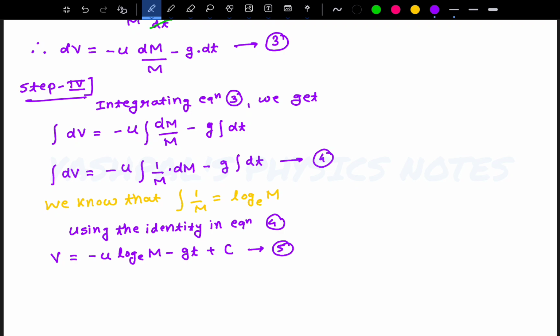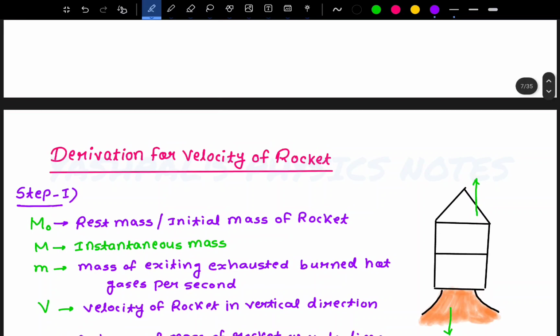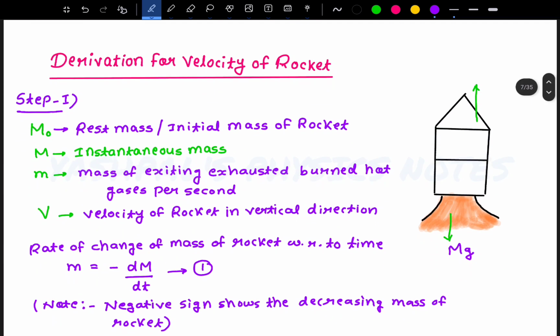Now initially, before the rocket takes off, we can consider time t equals 0. At that condition the mass which we considered, the rest mass, will equal the instantaneous mass, that is there is no change in the mass since the rocket hasn't taken off yet from the ground.